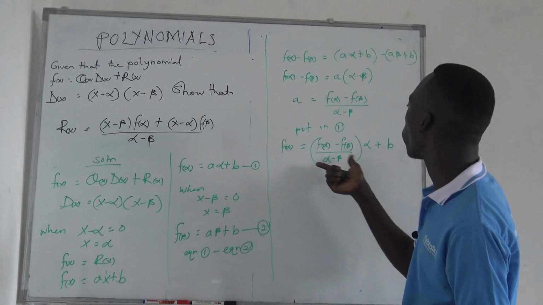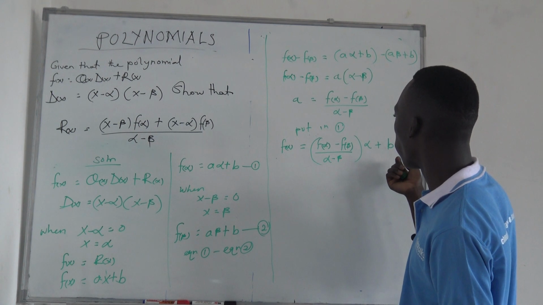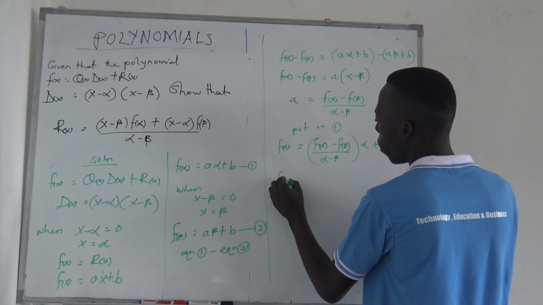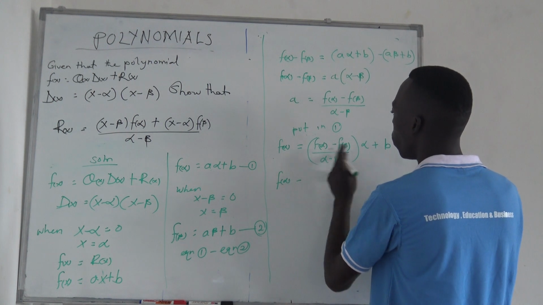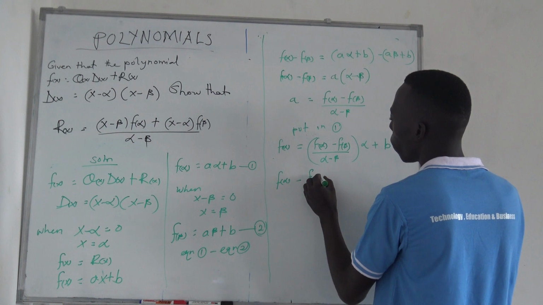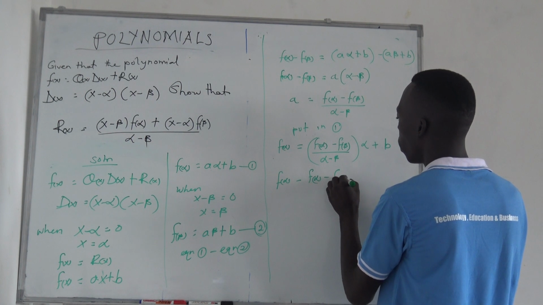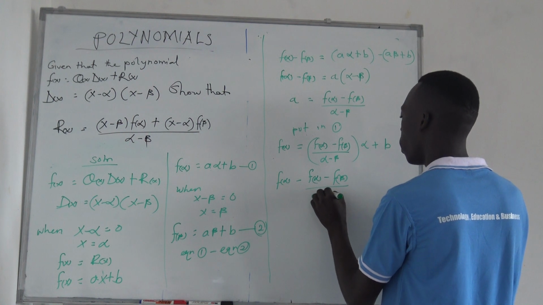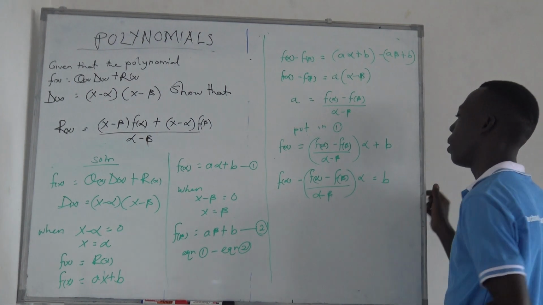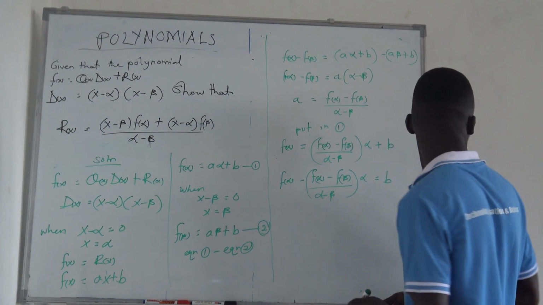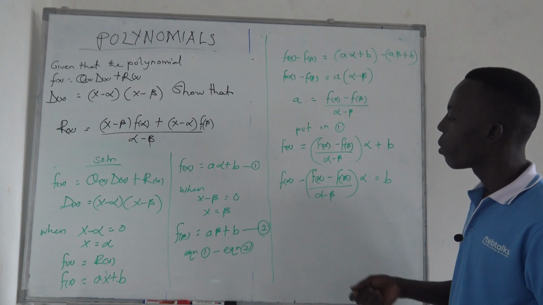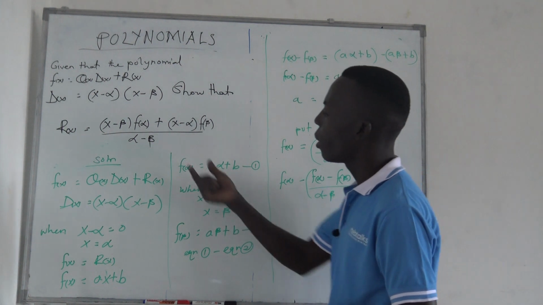By doing this, we get the value of b. So we take this one to this side, which gives us f of alpha minus f of alpha minus f of beta out of alpha minus beta, times alpha, equals b. After getting b, we have to get the remainder now.